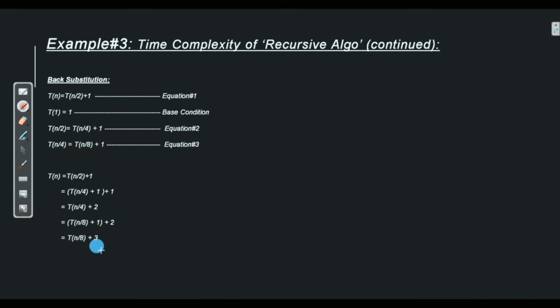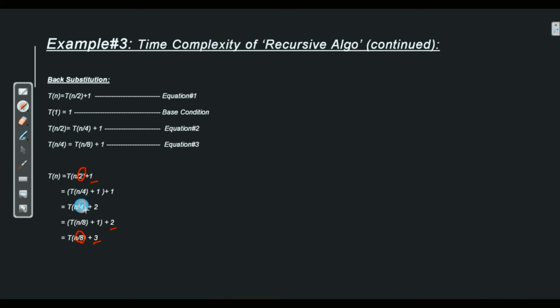Now if we see, we have a pattern over here. This number over here increases by 1 in each step. Similarly, this value over here gets multiplied by 2 in each step. So here it was 2 to the power 1, here it is 2 to the power 2, 2 to the power 3 and so on.